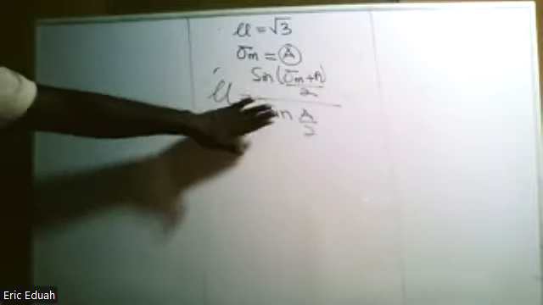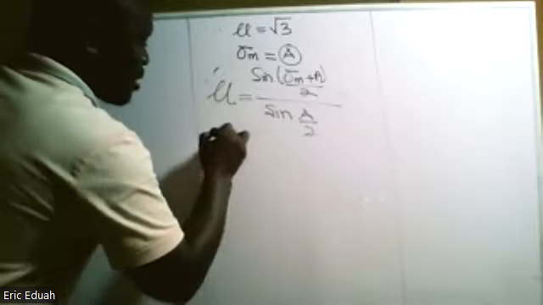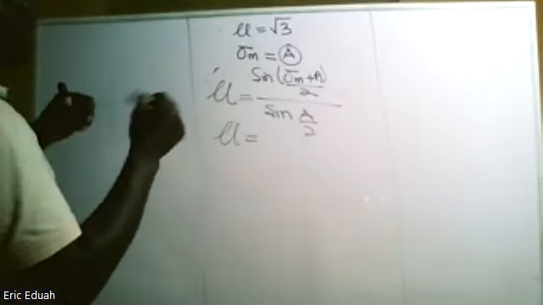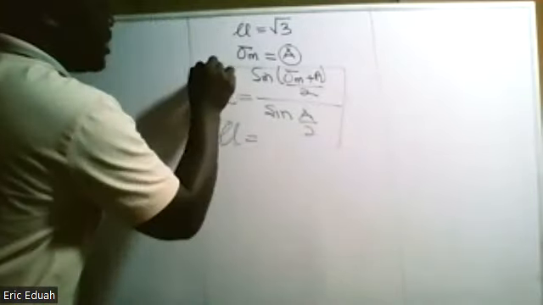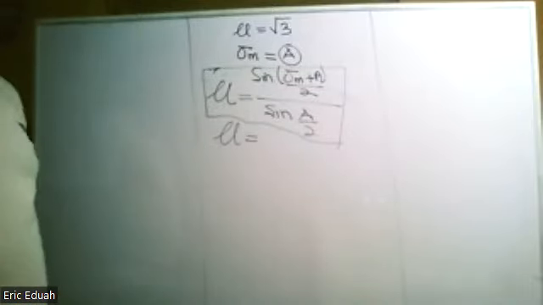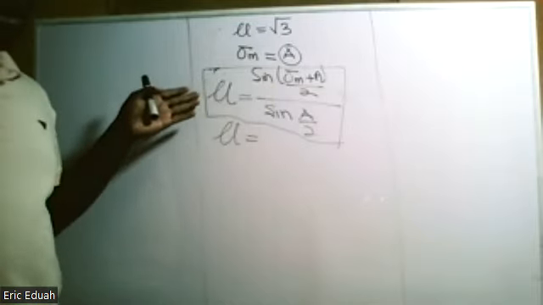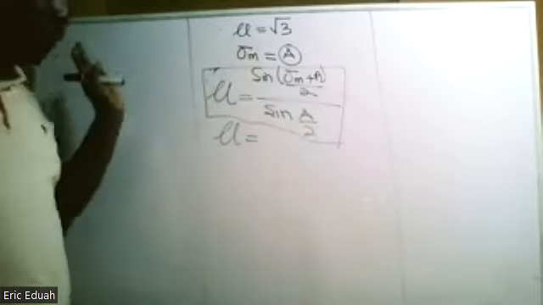Please, are we okay here? This is the refractive index pertaining to conditions of minimum deviation, which we've done before.